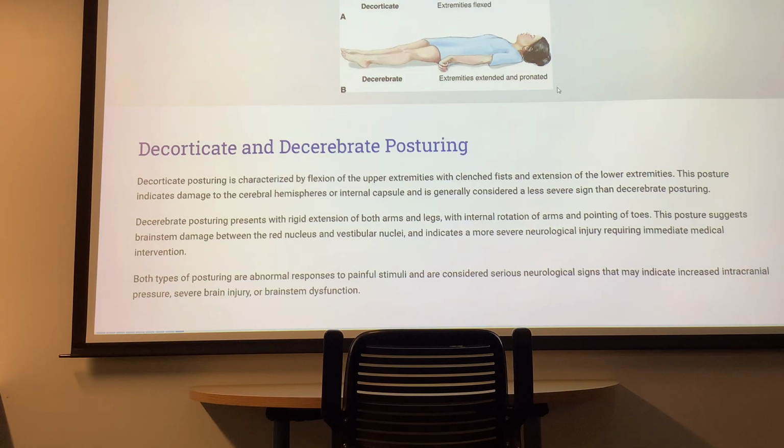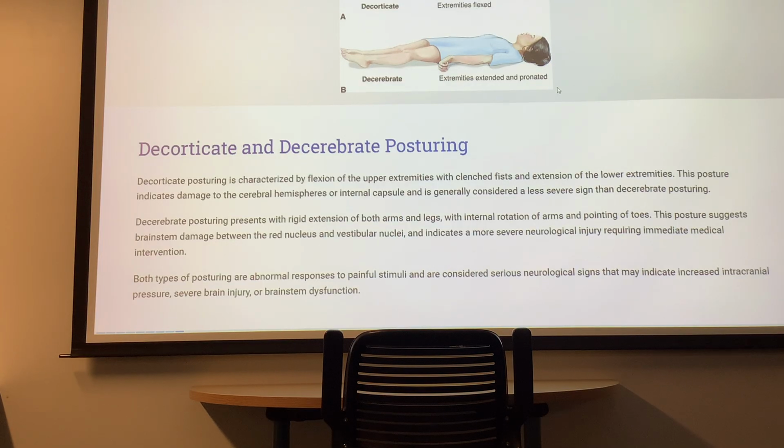Okay. And then we're looking at decorticate and decerebrate posturing. So what do those mean? Okay. What's going on? Why are they in those postures? The ICP, right? Whatever's going on up here is causing so much pressure that it's putting them into these positions, right?